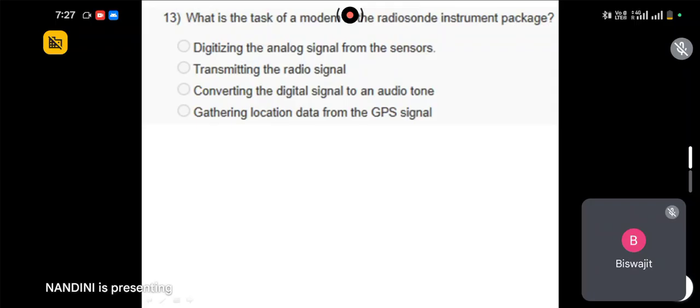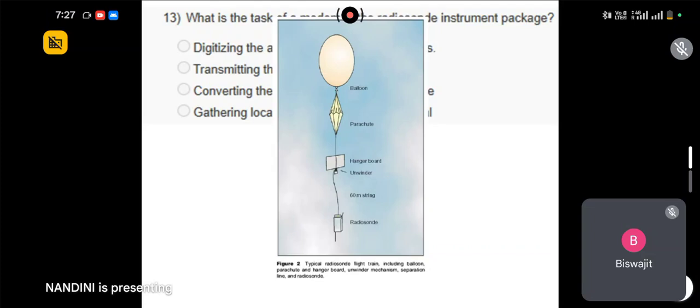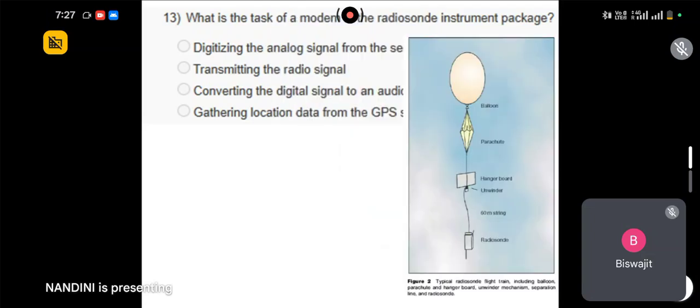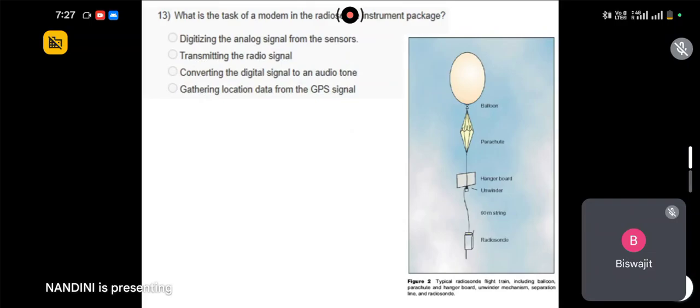Then it will have a small box with different instruments to measure different atmospheric properties like temperature, pressure, humidity, etc. And then it will have a small modem connected to it so that we can transfer the measurements being recorded during the flight of the radiosonde to the receiving device on the ground.